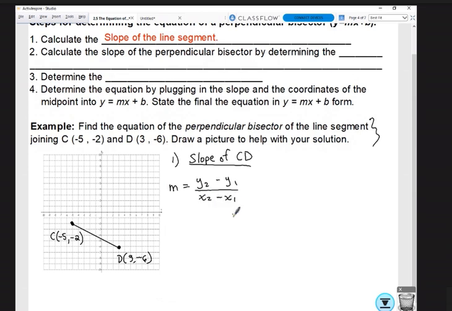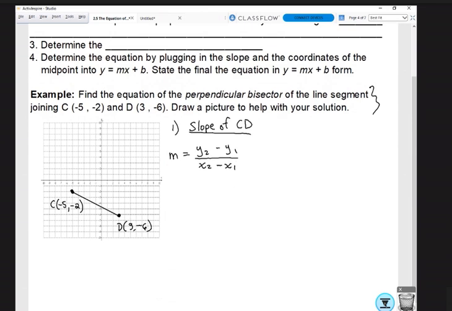Great. m equals, let's do negative 6 minus negative 2 over 3 minus negative 5.